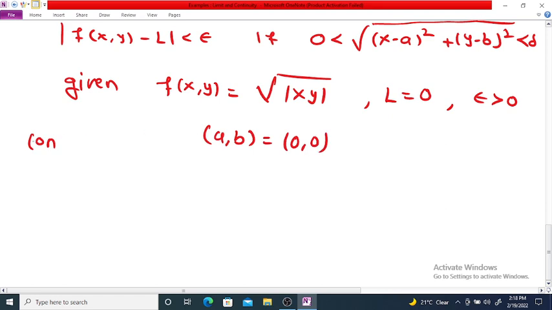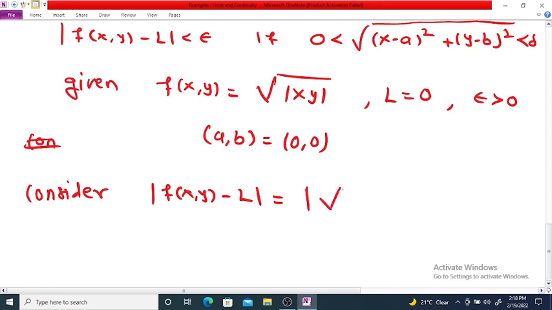The limit tends to 0, 0. So consider mod of f of x, y minus L. It is equal to the square root of mod of xy minus 0. So this is equal to the square root of mod of xy.